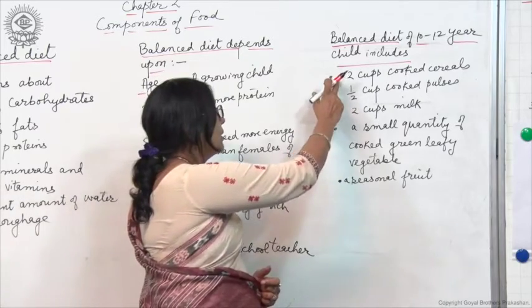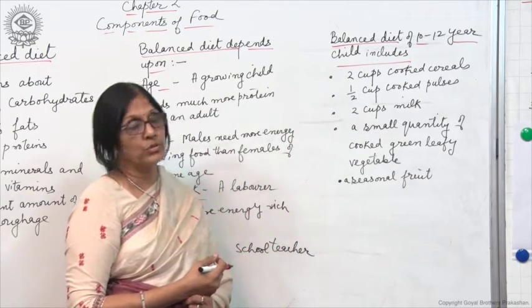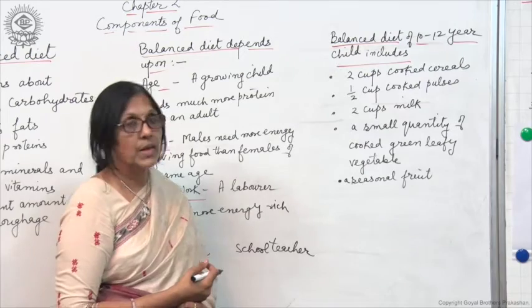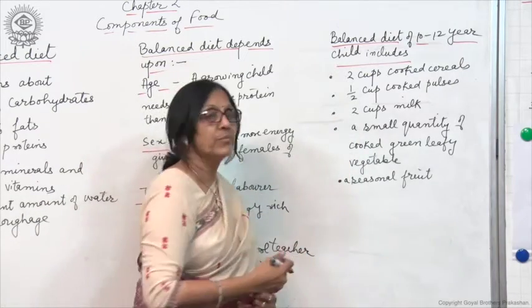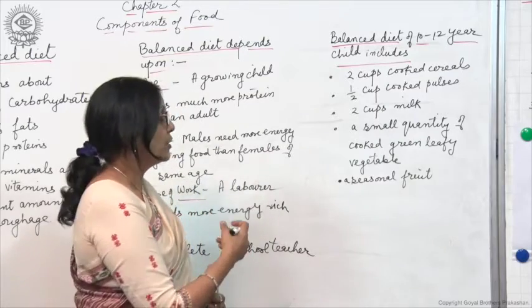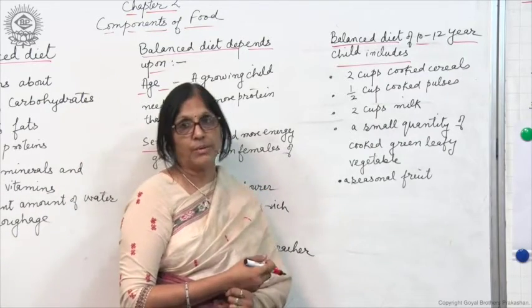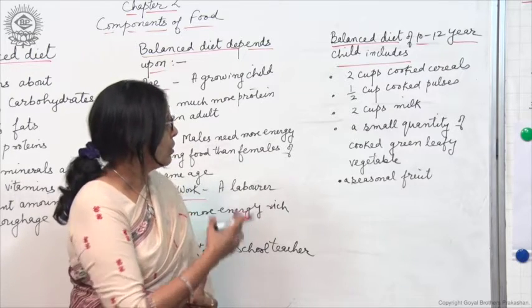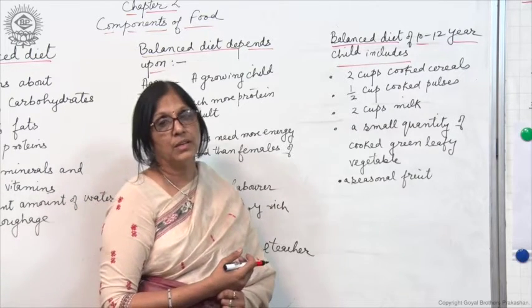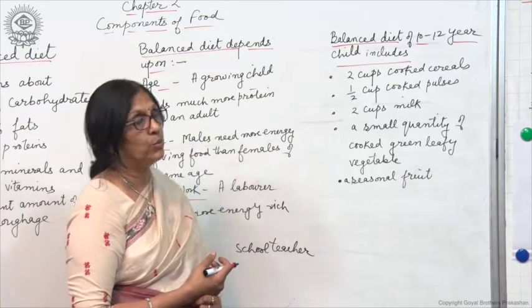The diet contains 2 cups cooked cereals, half cup cooked pulses, 2 cups of milk, a small quantity of cooked green leafy vegetables and a seasonal fruit. So, these are all the things which should be included in the balanced diet of a 10 to 12-year-old child.